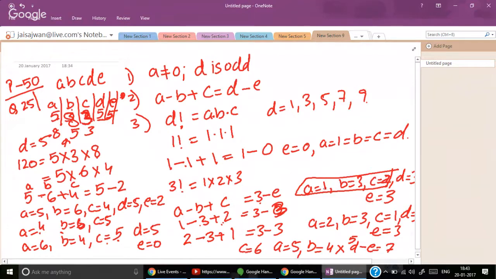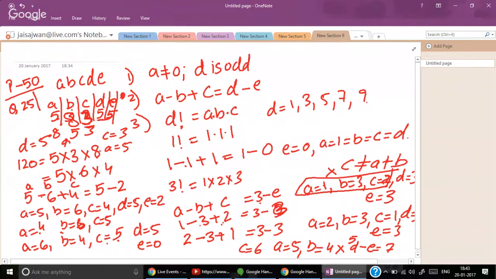So from this I can say C is coming out to be 3, which is satisfying. From here B is coming out to be 3 and C is coming out to be 2, not equal to B plus 1, which is also not satisfying because C is not equal to A plus B. And the only possible option for us is C is equal to 3, A is equal to 5.